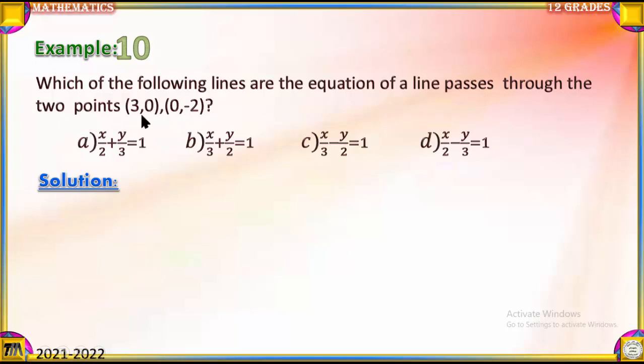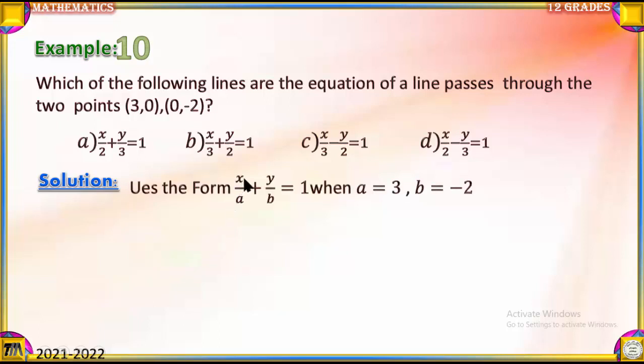Because we have an x-intercept and a y-intercept, we will use the intercept form, x over a plus y over b is equal to 1. Here a is 3 and b is minus 2, then x over 3 plus y over minus 2 is equal to 1.